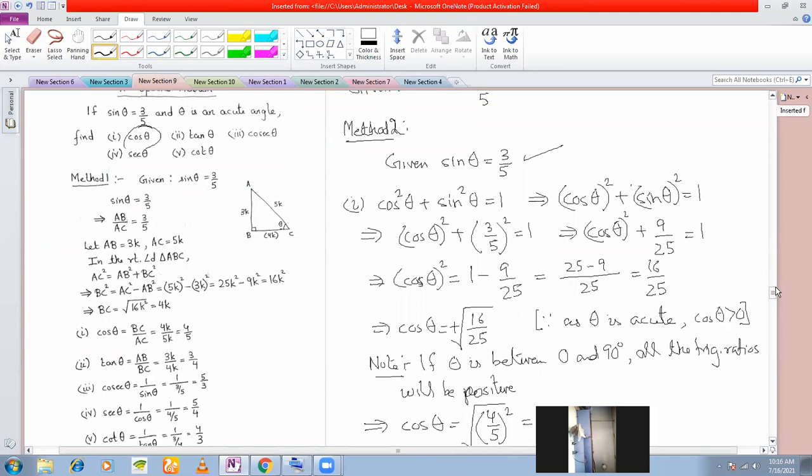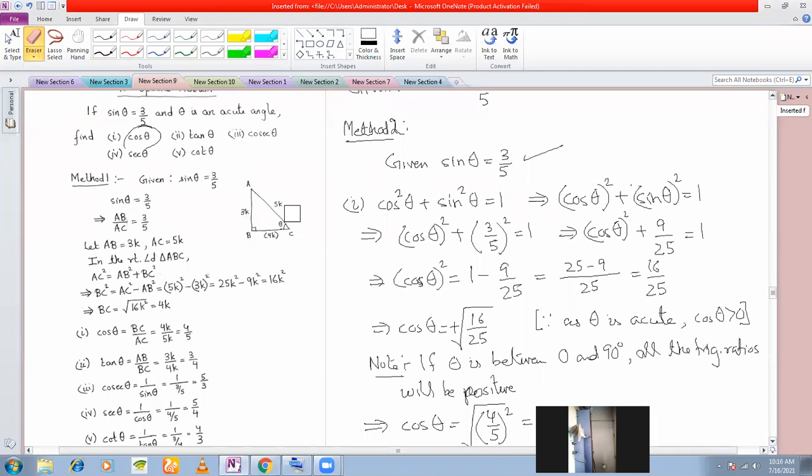Yes, the answer will remain the same. Whether you use the first method or the second method, the answers will all remain the same. The values of sine theta, cos theta, tan theta will not change. Whatever method you adopt, your ultimate values will all be the same. Have I made it clear?